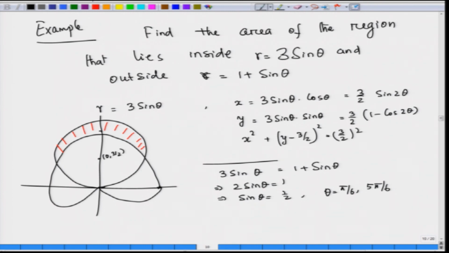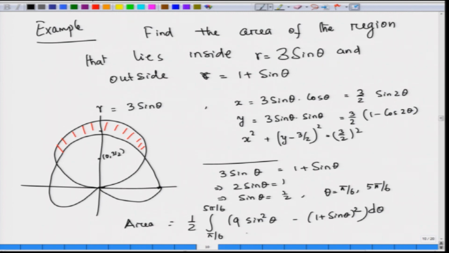Therefore, the area is going to be 1 by 2, integral from pi by 6 to 5 pi by 6 of f theta square minus g theta square, where f theta is 3 sin theta and g theta is 1 plus sin theta: 9 sin square theta minus 1 plus sin theta whole square d theta.